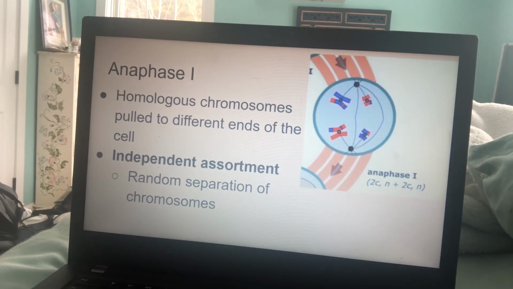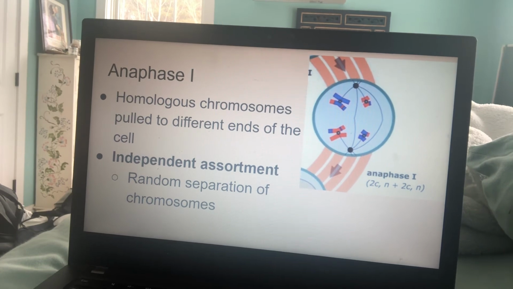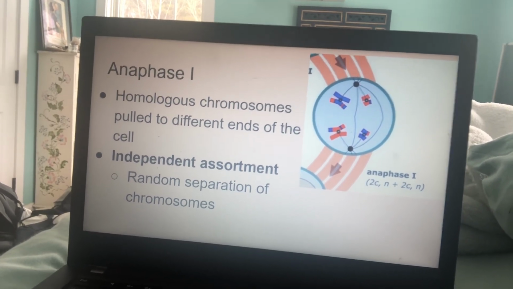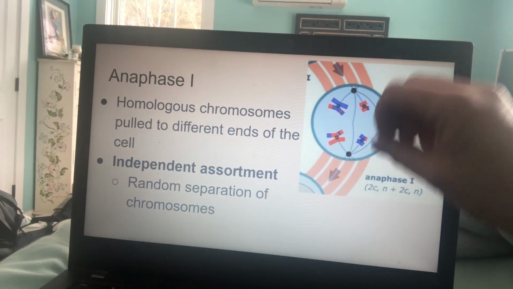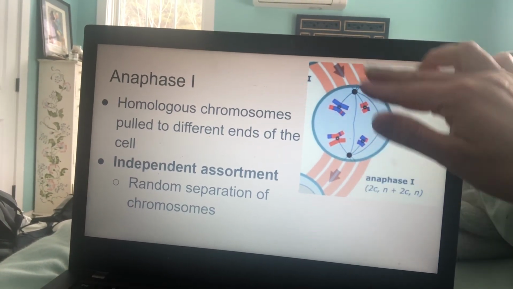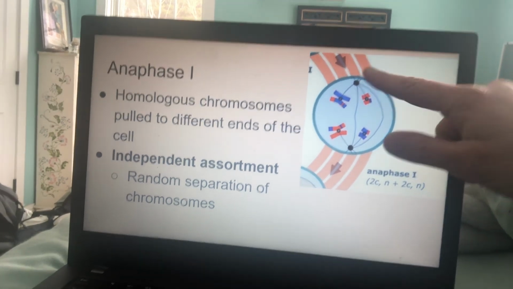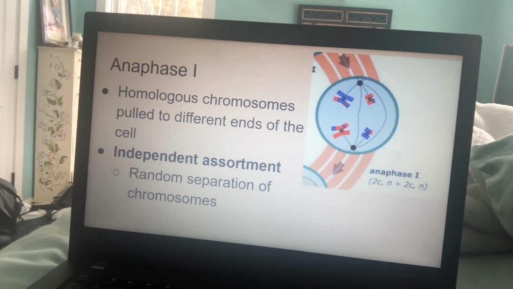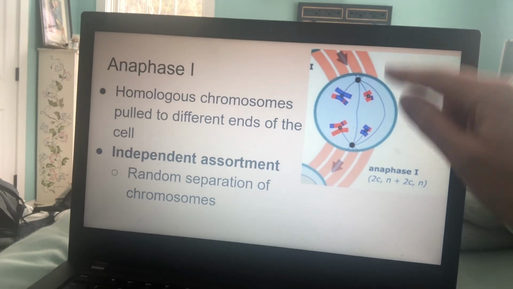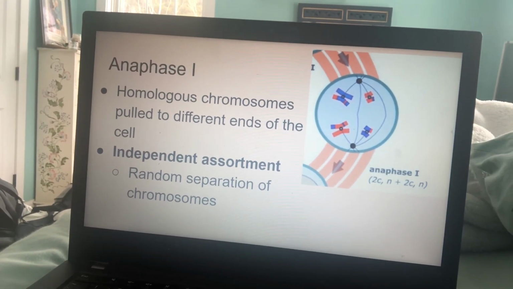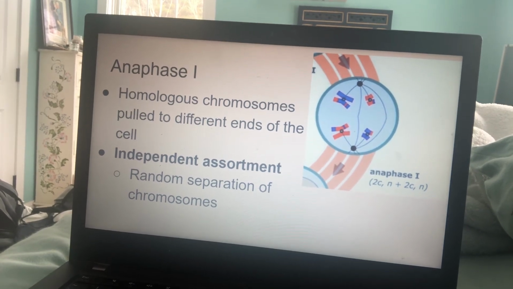So now we have anaphase 1. So anaphase, remember, anaphase, away. These chromosomes are getting pulled apart. But we're pulling whole chromosomes to the opposite poles of the cell. We're not breaking up those chromosomes yet. It's whole chromosomes. So notice that the purple doesn't have to stay with purple and orange doesn't have to stay with orange.